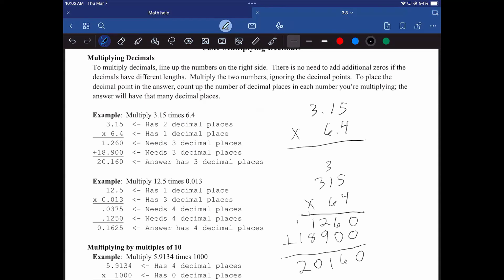Now's when I pay attention to the decimals. Now that I'm all done with the math, I'm going to look how many places are behind a decimal. 1, 2, 3. So I'm going to start with the decimal here and move it forward 1, 2, 3. And from that, I'm going to get the answer 20.160.